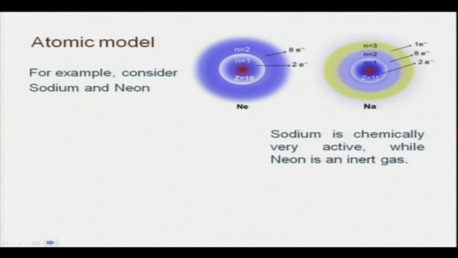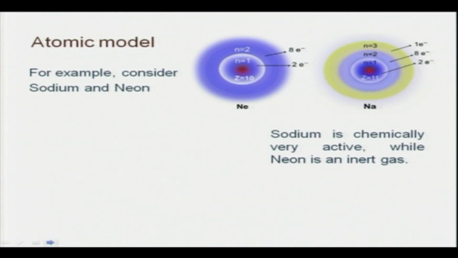What does this tell us in terms of chemical properties? Sodium is very active chemically, while neon is an inert gas. Neon has completed its n equal to 2 shell, so it is inert and not eager to participate in interaction with other atoms.